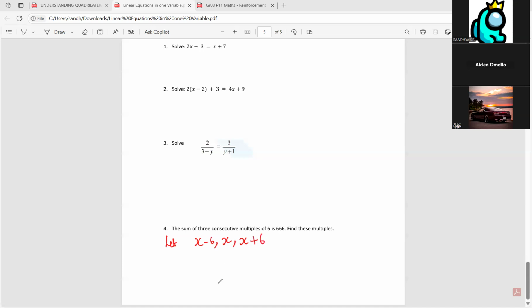Correct. So x minus 6, x and x plus 6. Then what will be the next step? Ma'am, after that, you have to add all of them. So x minus 6 plus x plus x plus 6 equals 666. What will be the next step, Fatin? Ma'am, 3x. Very good.